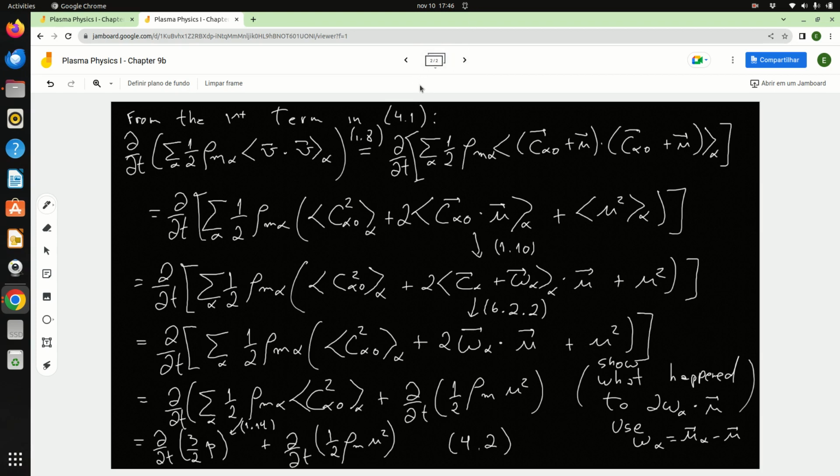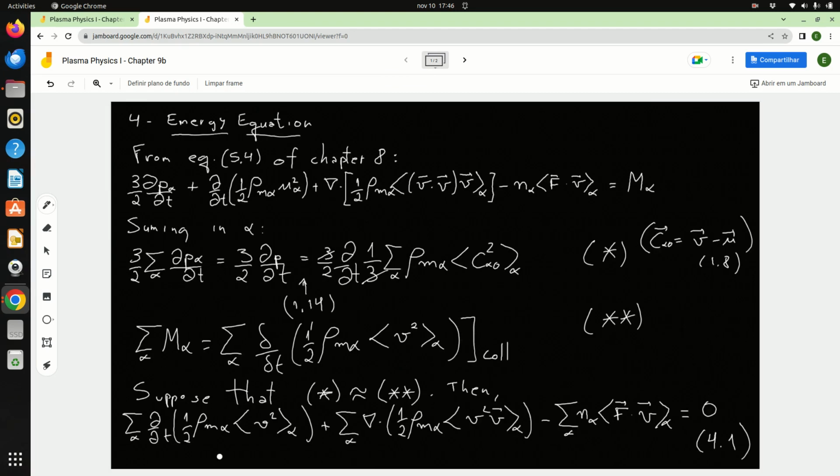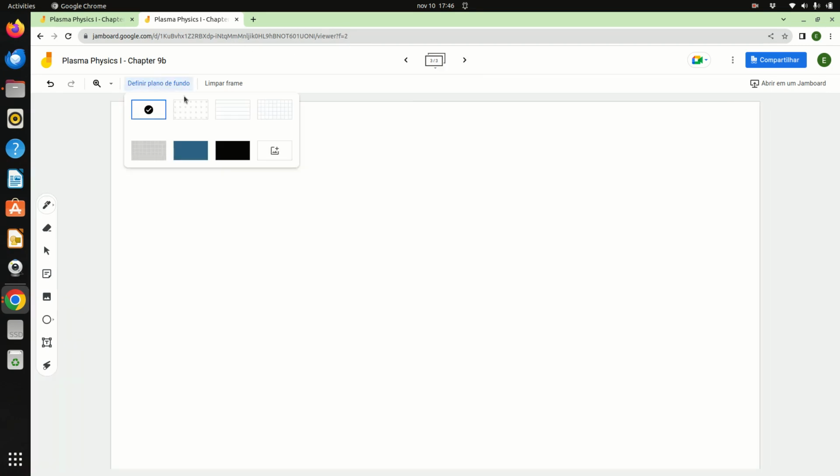Okay. Let's move on to the second term of 4.1. Remember, 4.1 is this. We have rewritten this term. Now let's move on to this one, the second term. For the second term of 4.1, we have, well, let's start with rewriting this term here, which is part of the second term.